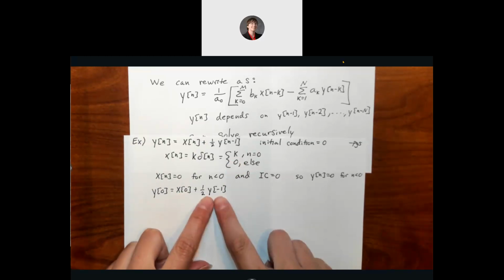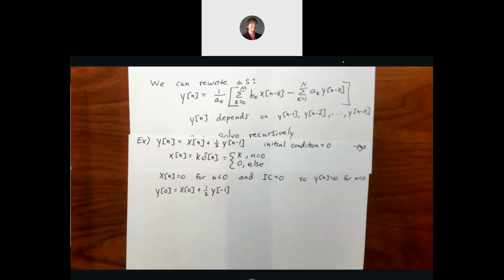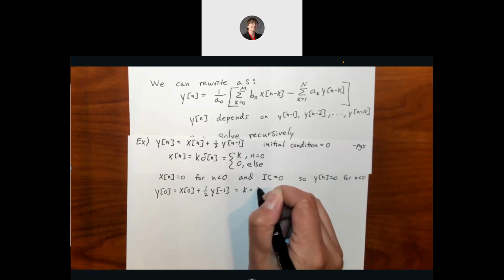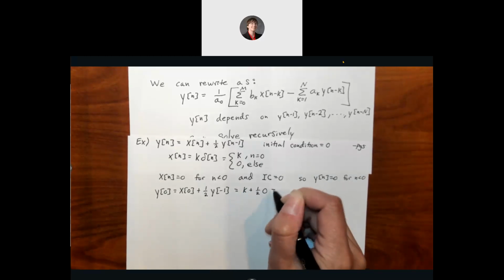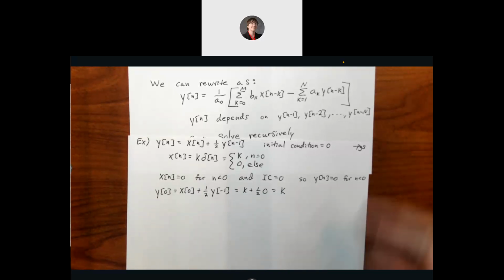So we know x of 0 is k, and our y of minus 1 is 0 because of that 0 initial condition. So we have k plus 1/2 times 0 is just going to give us k.